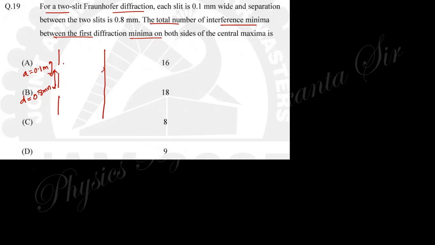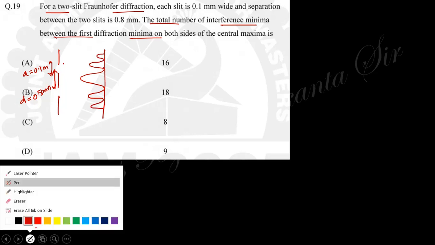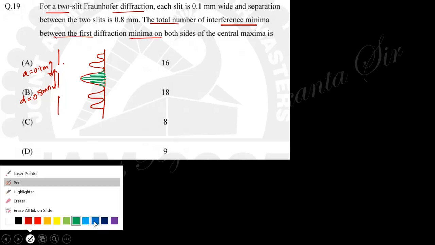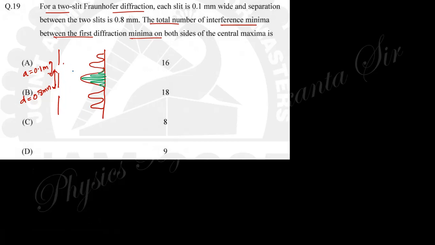So there is a diffraction pattern as well as an interference pattern, and within the diffraction pattern an interference pattern is also produced.